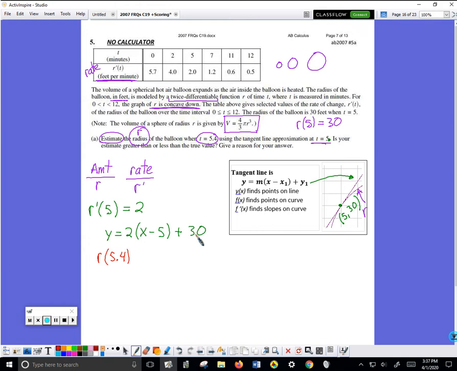Using this line. The idea is that over here, 5.4 might be here. So that would be t equal 5.4. And whatever this y coordinate is, that would be r of 5.4.